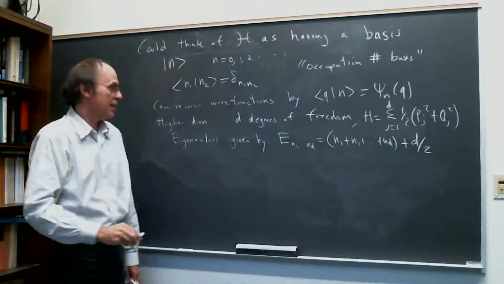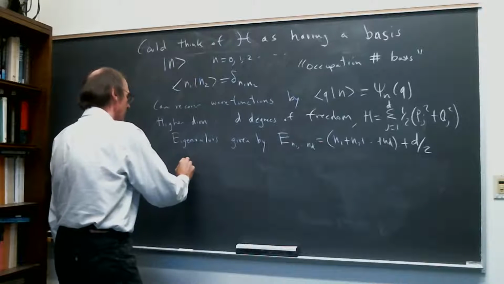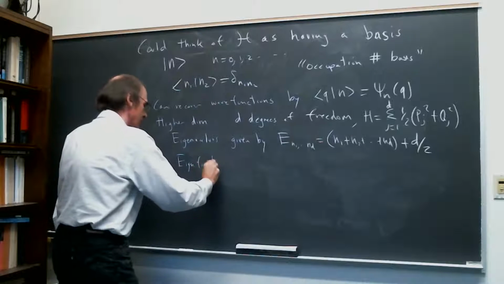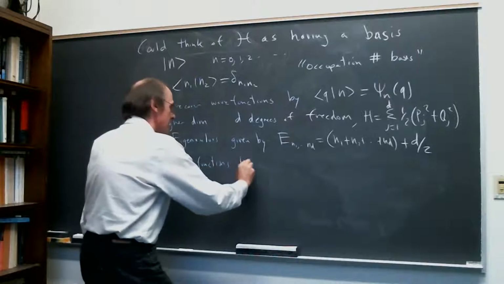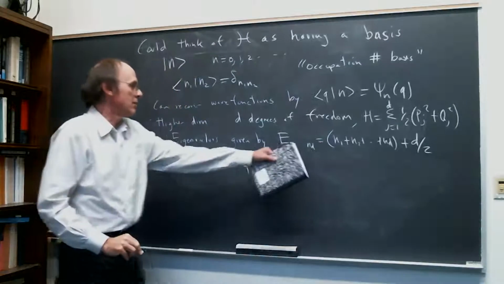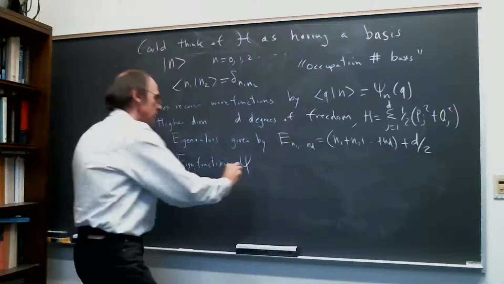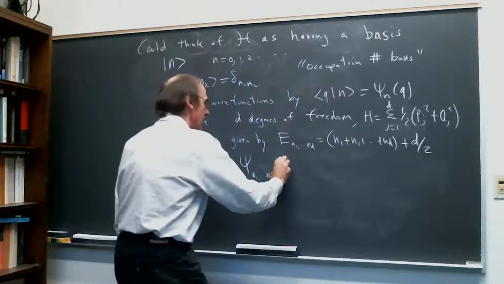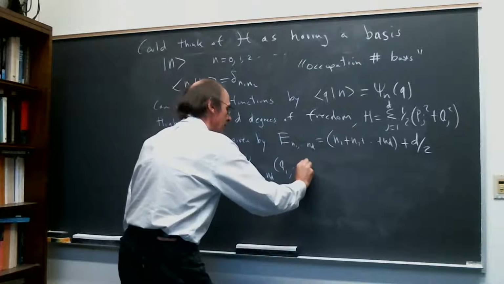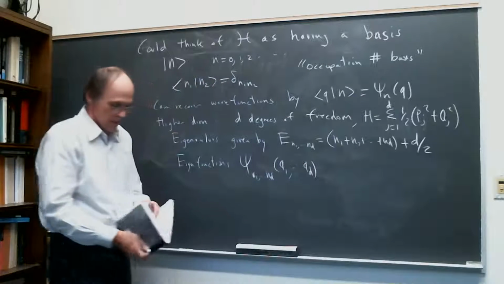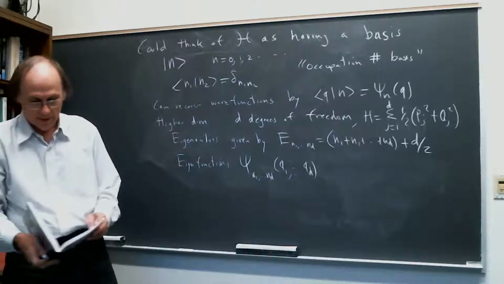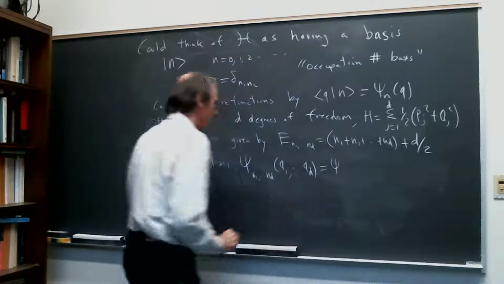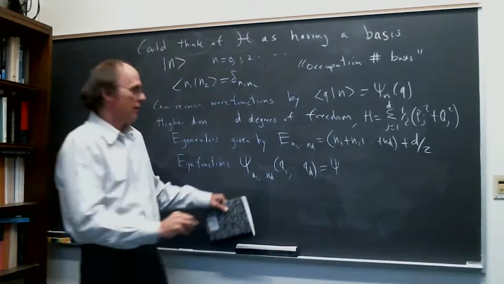And then the eigenfunctions, psi, are again labeled by these integers, and they depend on d variables. And these are just given by the product of the one-dimensional things.